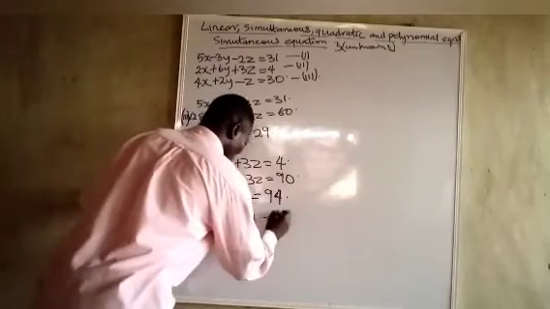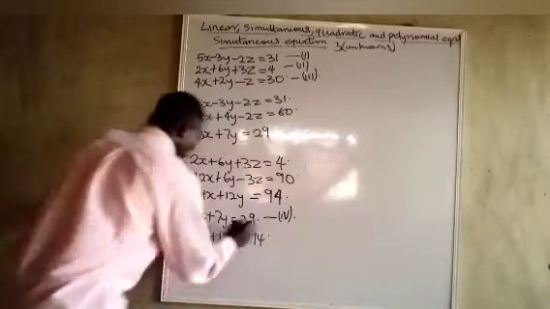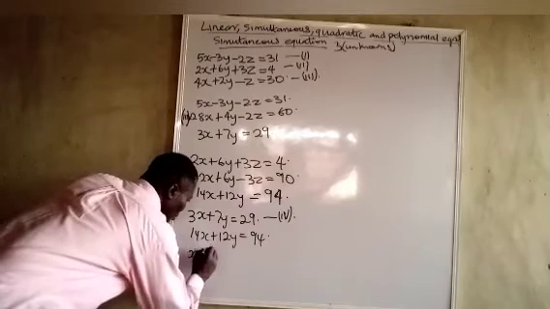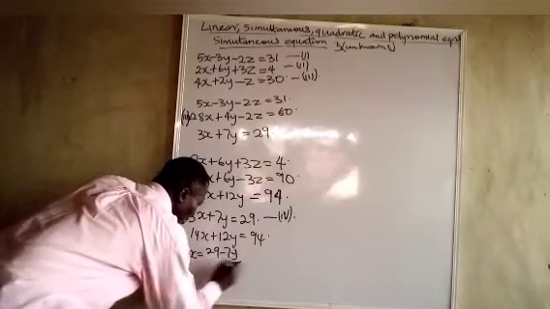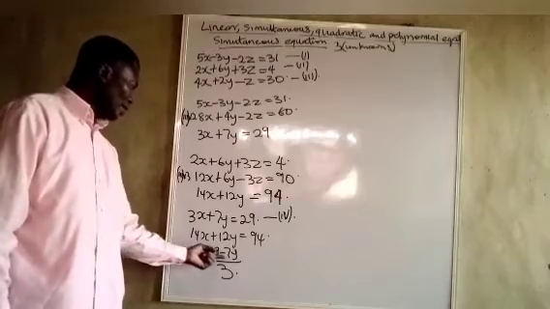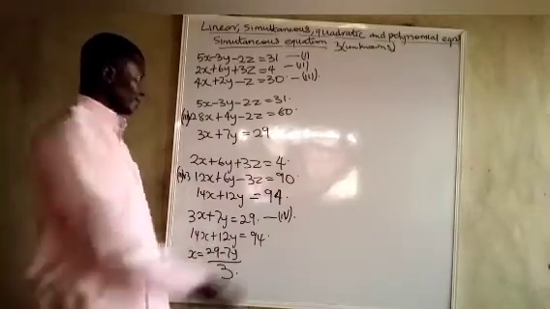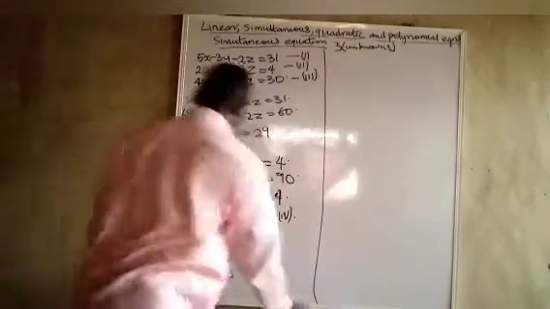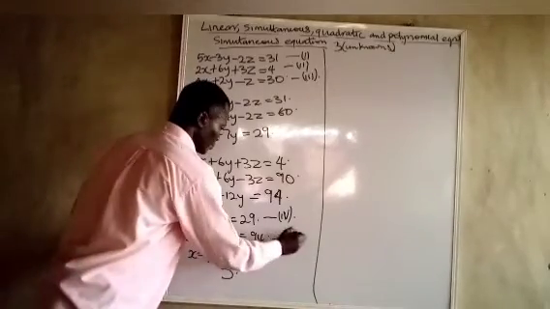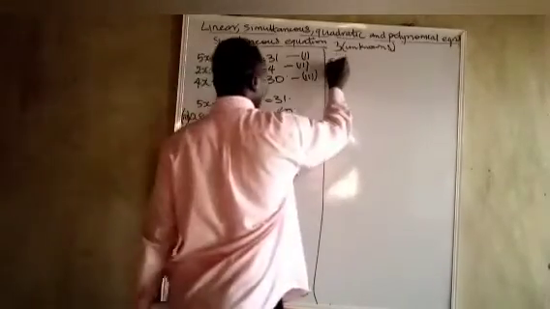From this one, x will be equal to (29 minus 7y) divided by 3. So x equals (29 minus 7y) divided by 3. Now, I will substitute this for x in this equation.